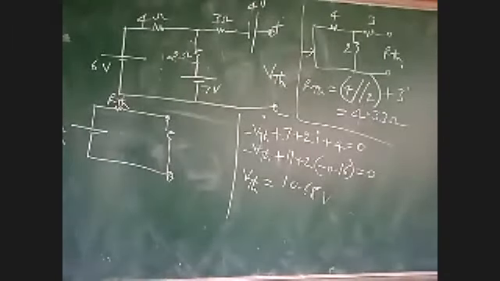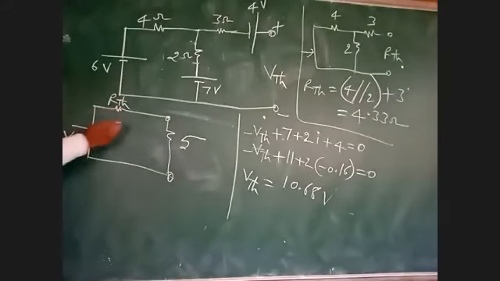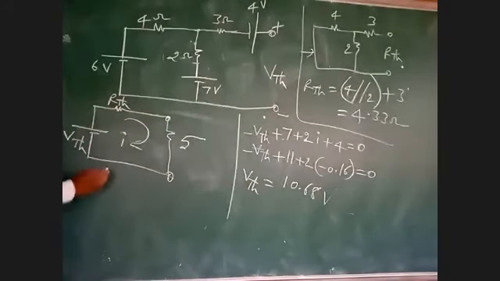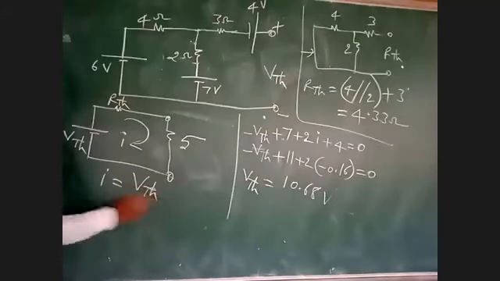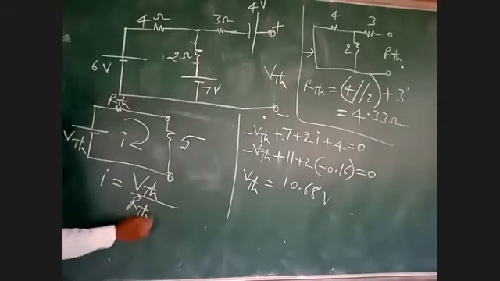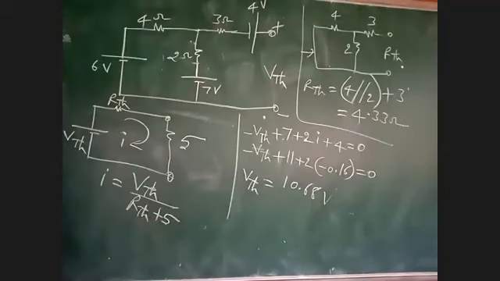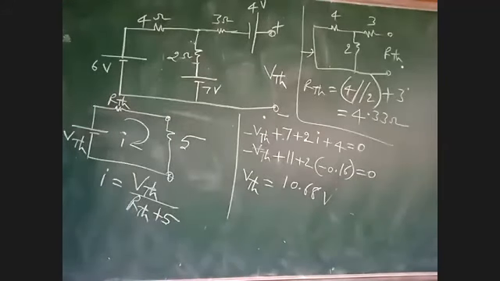How much? 5 ohm. This 5 should be in series with VTH and RTH. These two resistances are in series. 5 ohms and RTH are in series. Your current in 5 ohms is VTH by RTH plus 5.